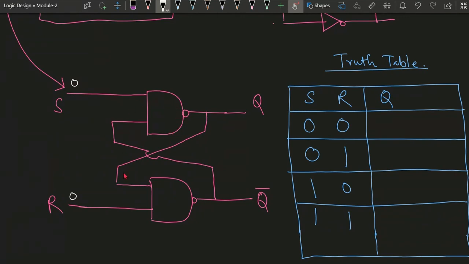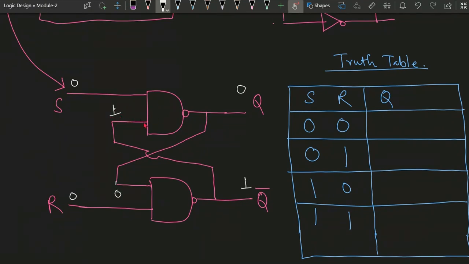Suppose initially it has 0 stored. Then Q should be 0, and if Q is 0, Q bar should be 1. If it is storing 0, this line is 0, and if it is 1, this line should be 1 also.